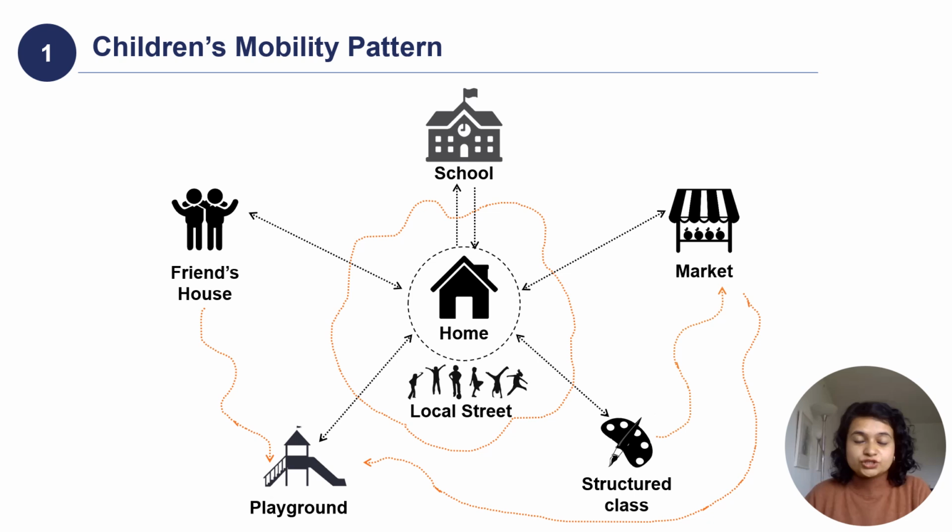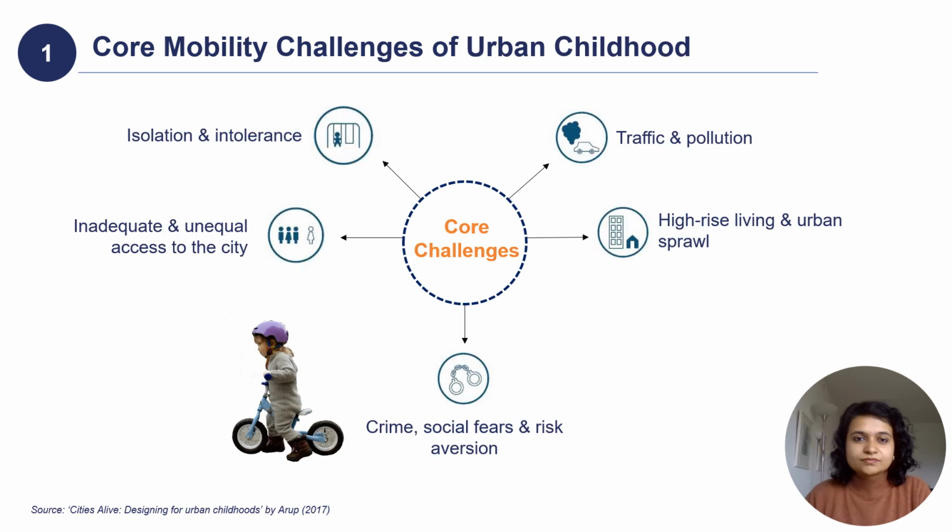However, unfortunately, children's ability to navigate these spaces is increasingly constrained by various factors. Let's understand about these factors a little more in detail. These factors include rising traffic and pollution, urban sprawl, and social fears like stranger danger or traffic-related injuries, which challenge children's autonomous mobility profoundly.